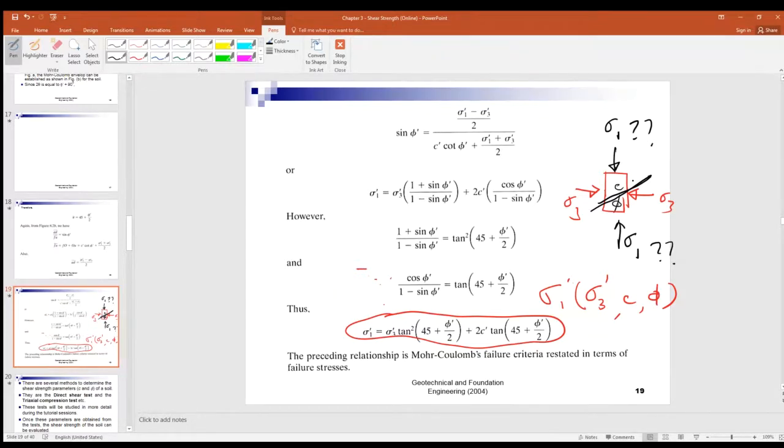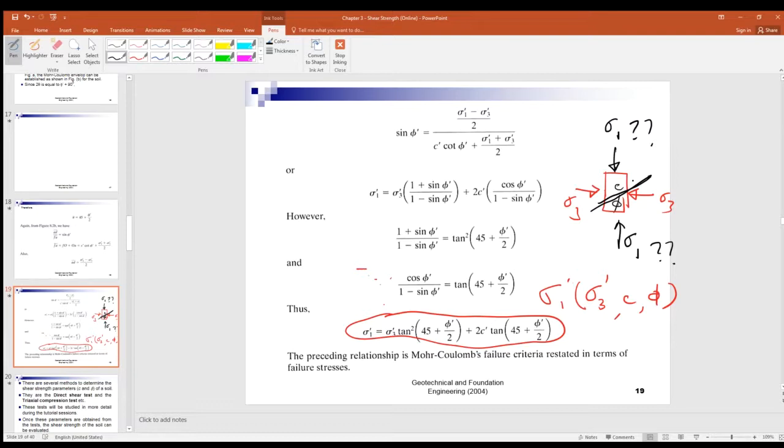A very critical design issue for a given sigma 3. And we know from the site investigation, after we collect the soil sample from the ground deep below, and then we send all the soil specimens for laboratory testing, and we got the C, the cohesion, and the angle of internal friction phi.